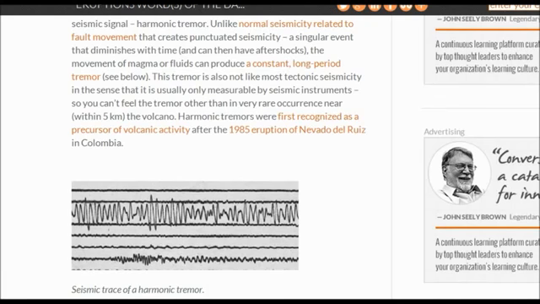This tremor is also not like most tectonic seismicity, in the sense that it is usually only measured by seismic instruments. So you can't feel the tremor other than a very rare occasion near, say, 5 kilometers in the volcano. Harmonic tremors were first recognized as a precursor of volcanic activity after the 1985 eruption in Colombia.